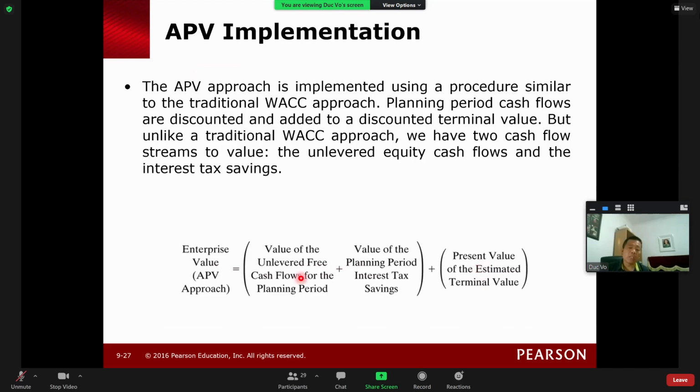So let's say you focus on the first 5 years, which we call the planning period, and then for everything else, you focus on the terminal value. For the planning period of the next 5 years, there are two components I focus on. Number one is the unlevered free cash flow, and number two is the interest tax saving for the first 5 years. The last one is for the rest of the life of the company.